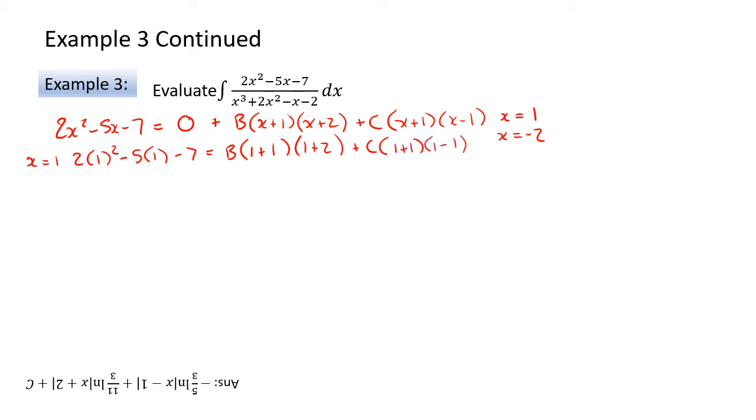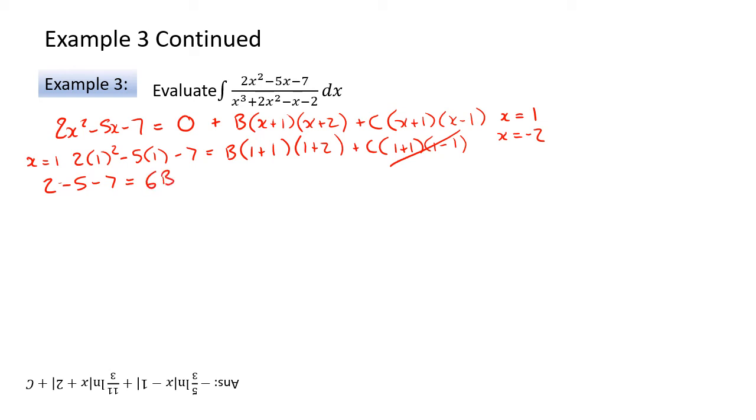So you can see here again, we have a 1 minus 1 term for c, which will give us 0, which means this term will cancel out. So what we're left with is 2 times 1 squared is 2, minus 5 minus 7 is equal to, we have 1 plus 1 is 2, and 1 plus 2 is 3, so we're left with 2 times 3, which is 6b.